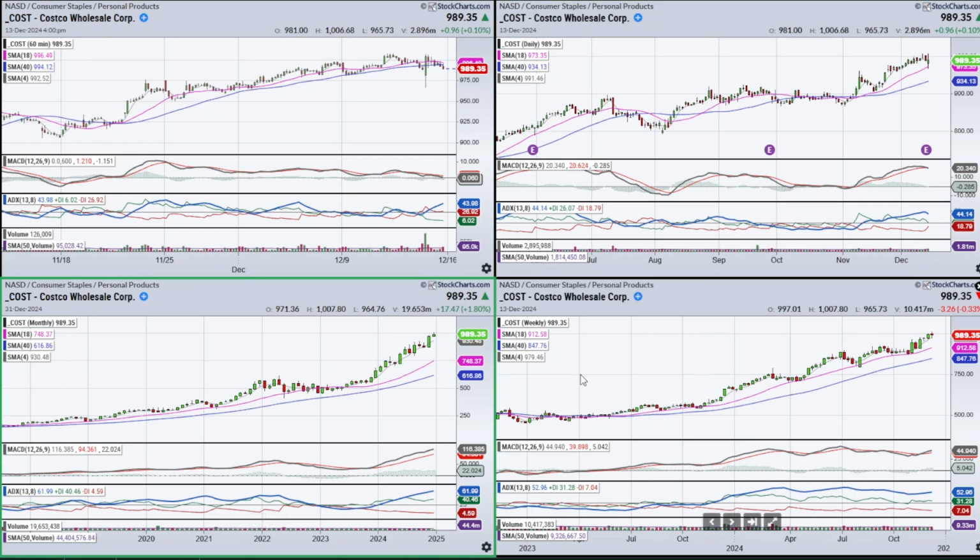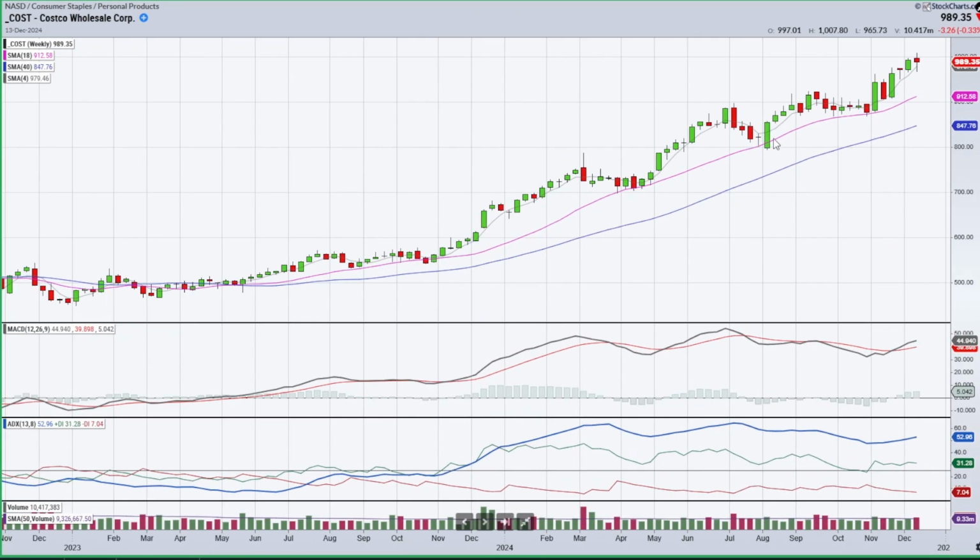I want to show a few simple things that I've tried to show in my book as well as in my courses. If we can compartmentalize everything, we can really get it down to the keys of what we're looking for. So let's look at the higher time frame.